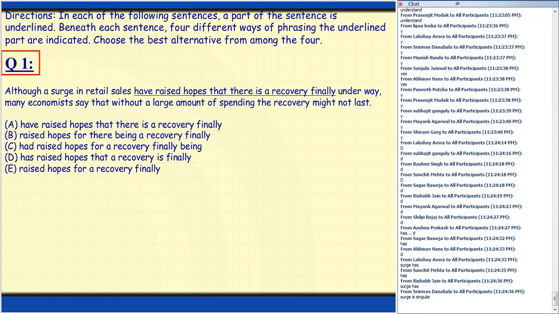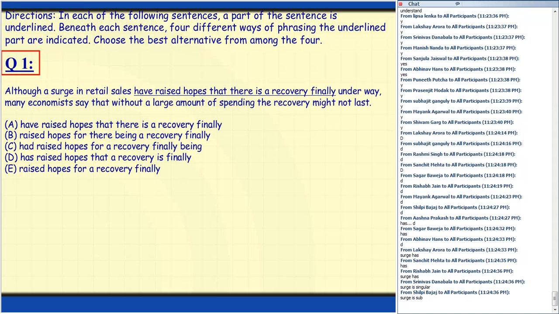Because the subject over here is a surge. Now this surge is in retail sales, that is immaterial. So a surge should take has. It should be has raised hopes. So the answer should be D. Okay, very good.